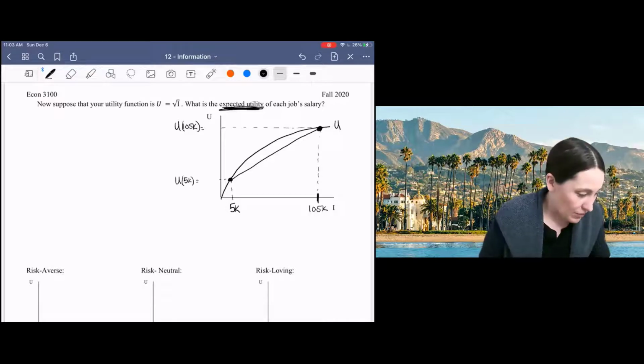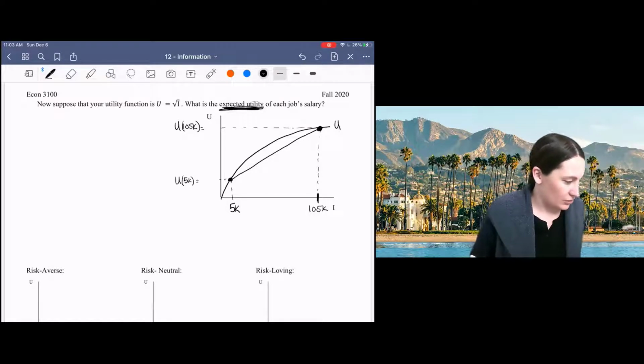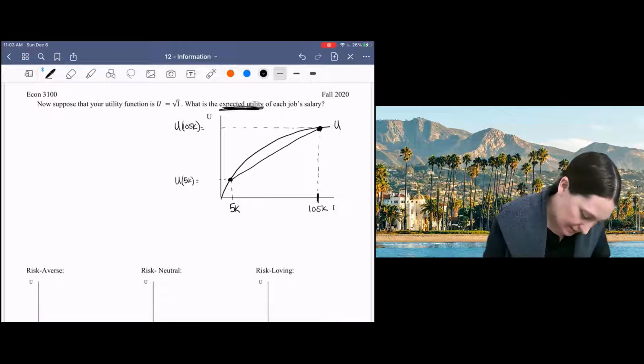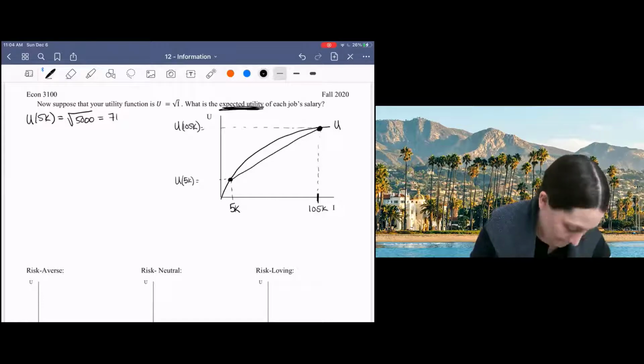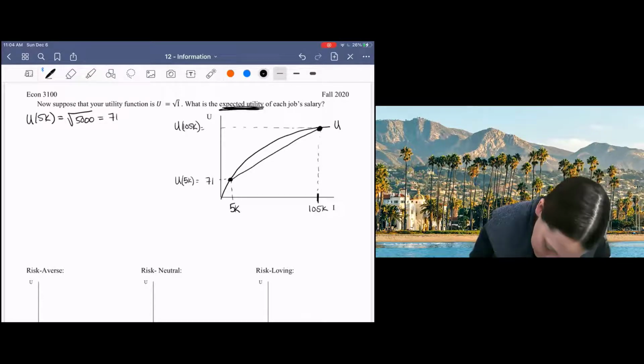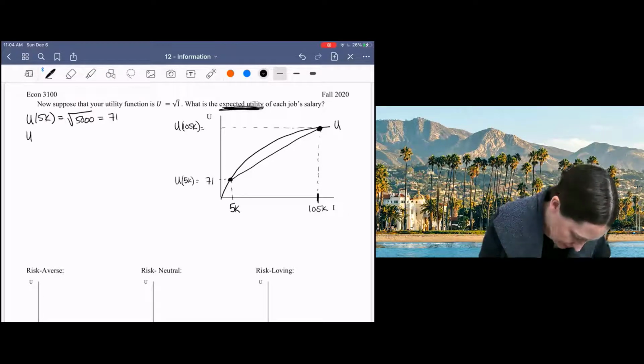If we now look at the utility of 5,000, that's the square root of 5,000, which is going to give me 71. I've rounded a little bit here for simplicity.